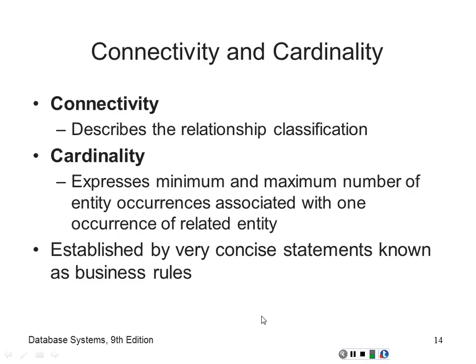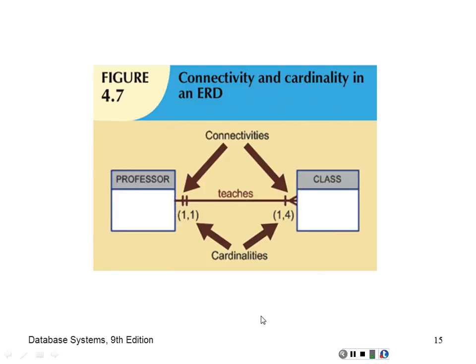Just keep in mind that this is a very difficult business in that we're describing using a very crude language something that has to be performed or implemented in a very concise way. And so, take a look at this. Professor teaches class.